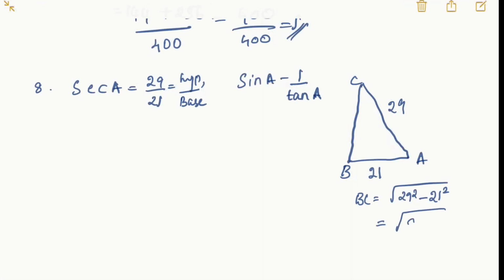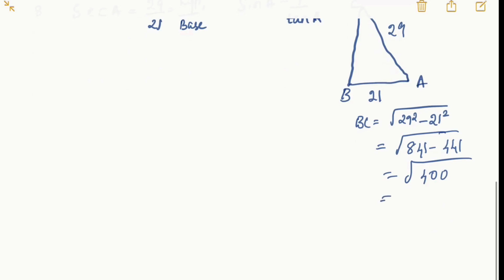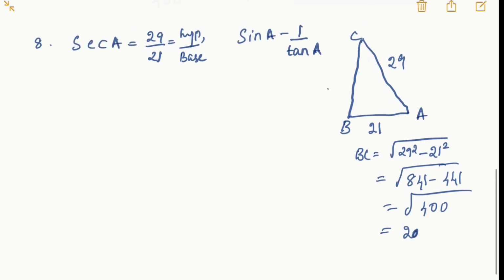So 29 square is 841. 21 square is 441. 841 minus 441 will give you 400. So root of 400 is equal to 20. So you get the value of BC as 20.